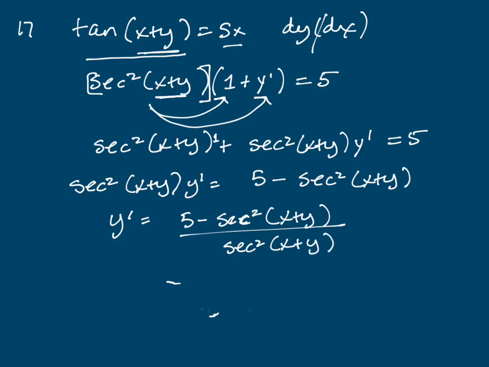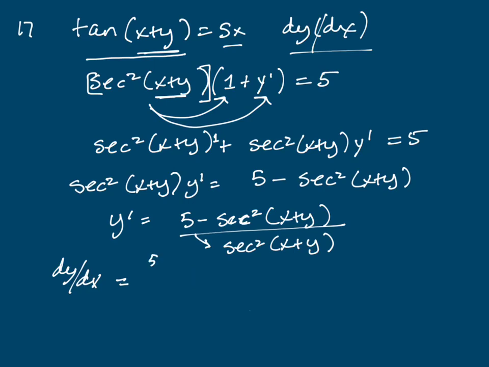Now, of course, they don't want you to leave it like that, so we're going to separate it. They asked for dy/dx, so that's why I'm going to rewrite it instead of y prime, is equal to 5, and then instead of secant down here, let's call that cosine. I guess I'm jumping ahead. If you're trying to learn this, I should do it out.